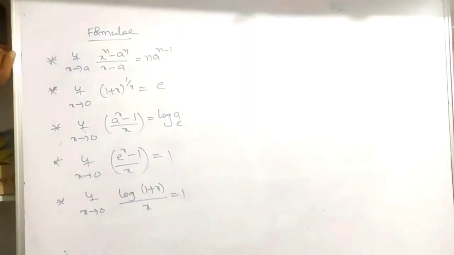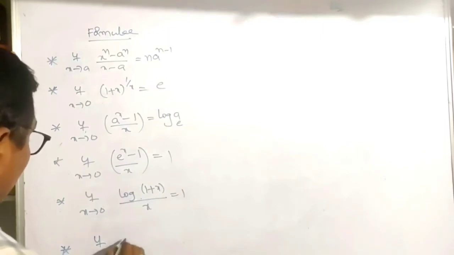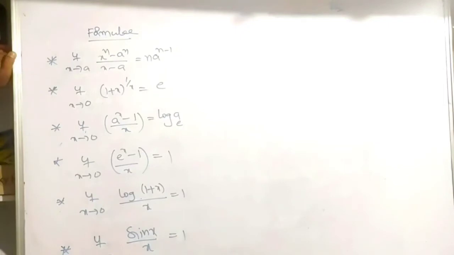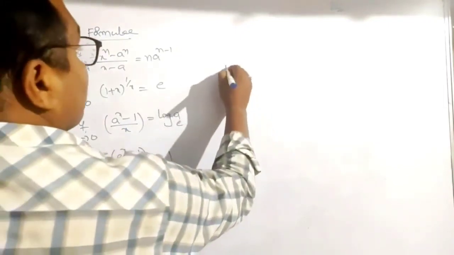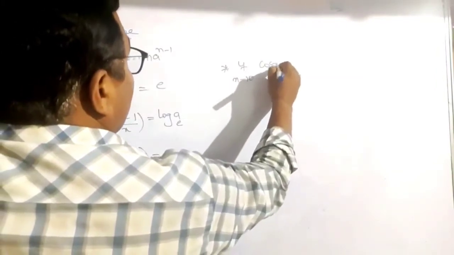In the same way, limit as x tends to 0 of sin x by x is equal to 1. Limit as x tends to 0 of cos x is equal to 1.